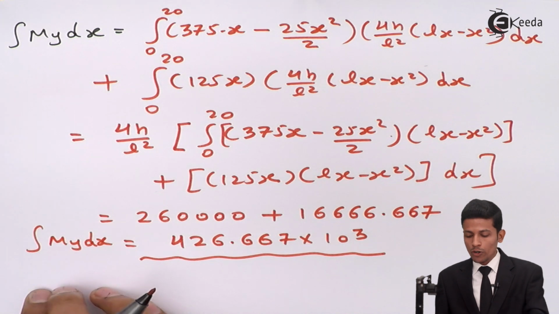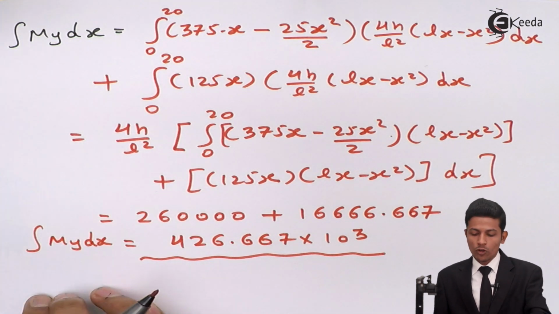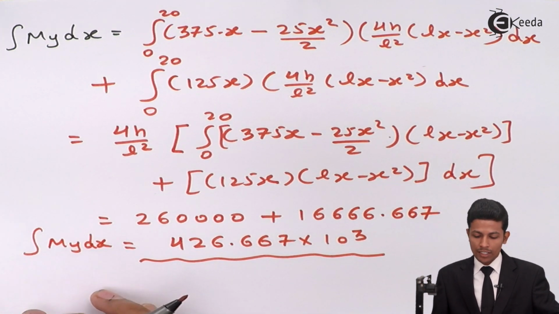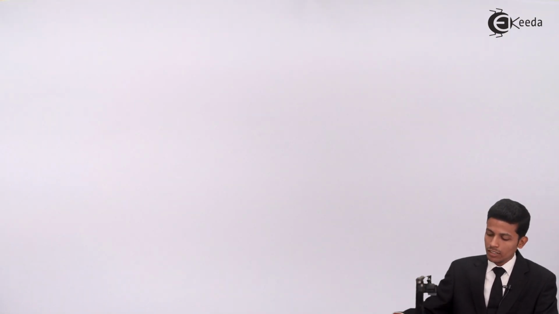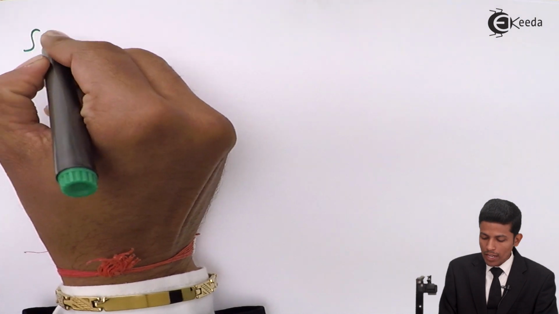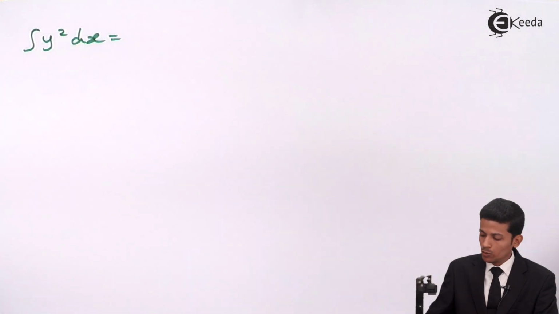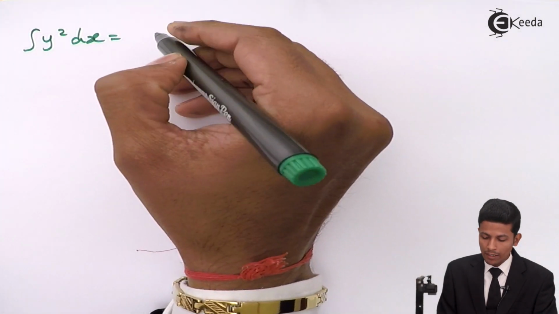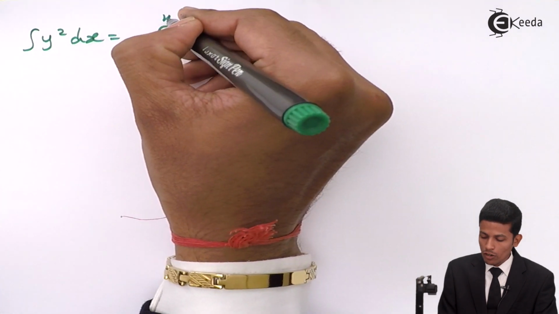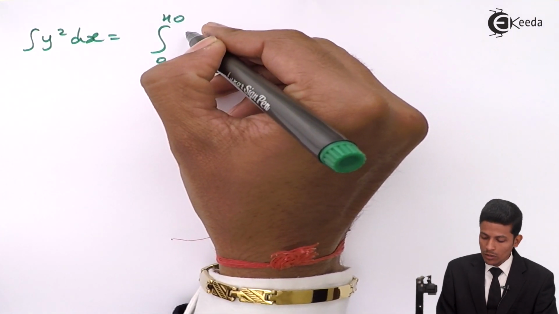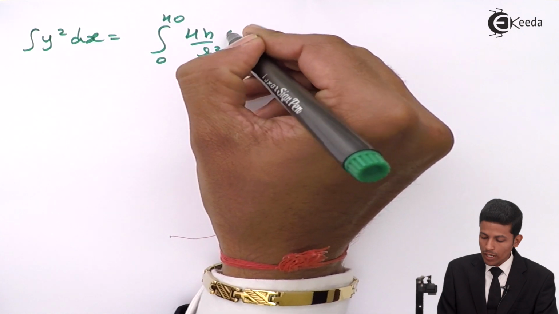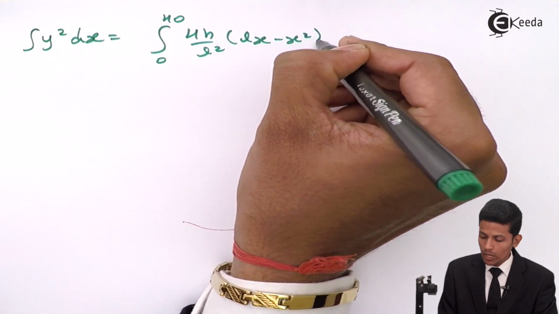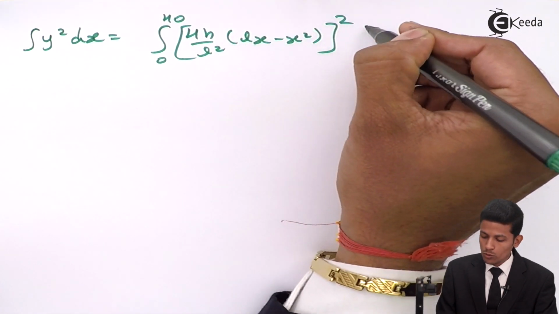Now let's move on to y. While solving y, it's very simple. Just see, integration of y² dx is equal to, the formula will be, 0 to 40, always take the full length, 4h/l² into (lx - x²) the whole square dx.